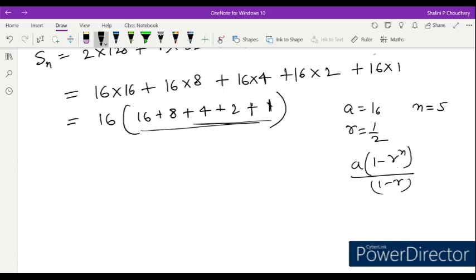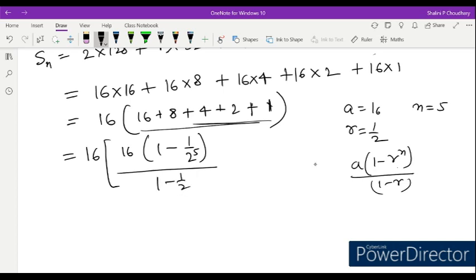So 16, the first term, into 1 minus 1 upon 2 to the power 5, divided by 1 minus 1 upon 2.